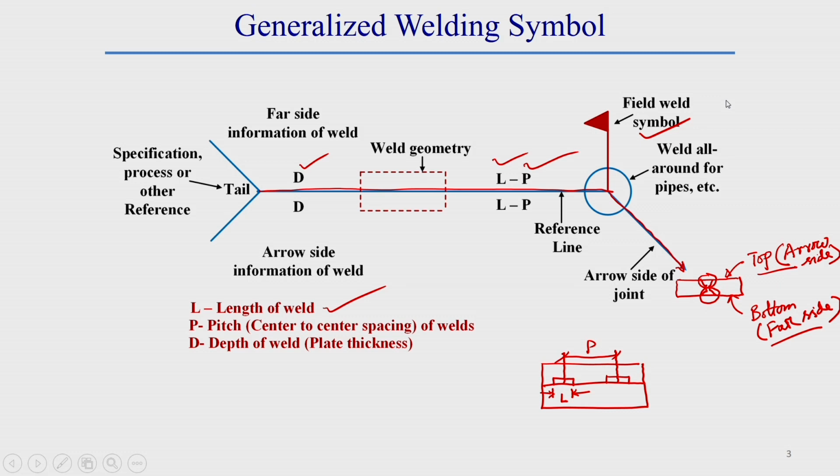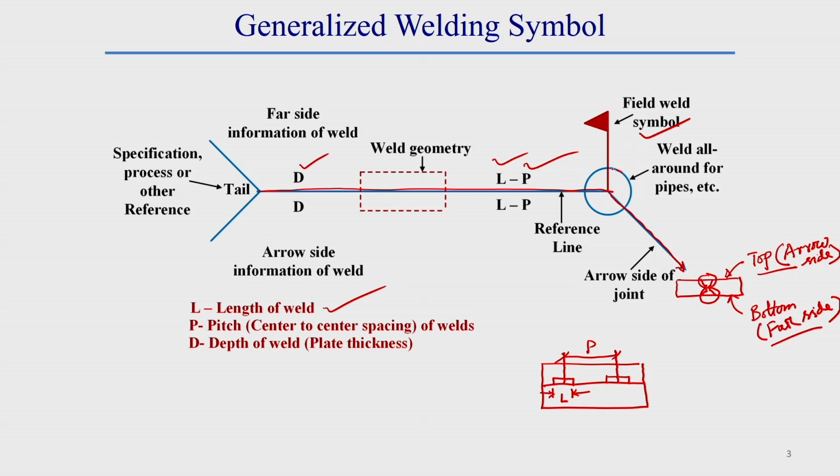The field symbol is generally provided once we are going to install the welding techniques in industry. There this field symbol is required, and sometimes we provide in this reference line some sort of circle in this field symbol region.